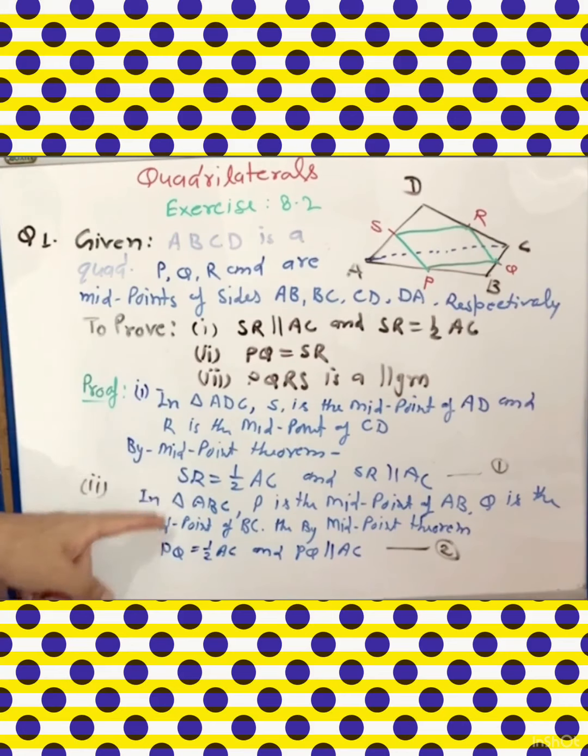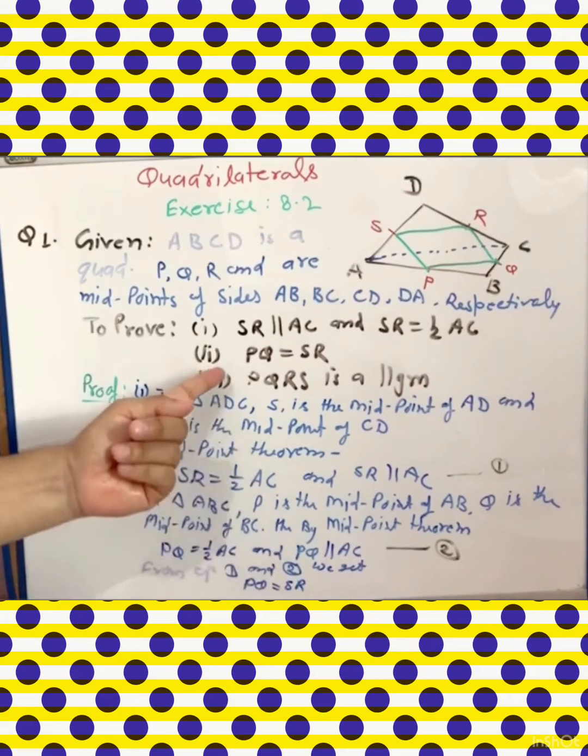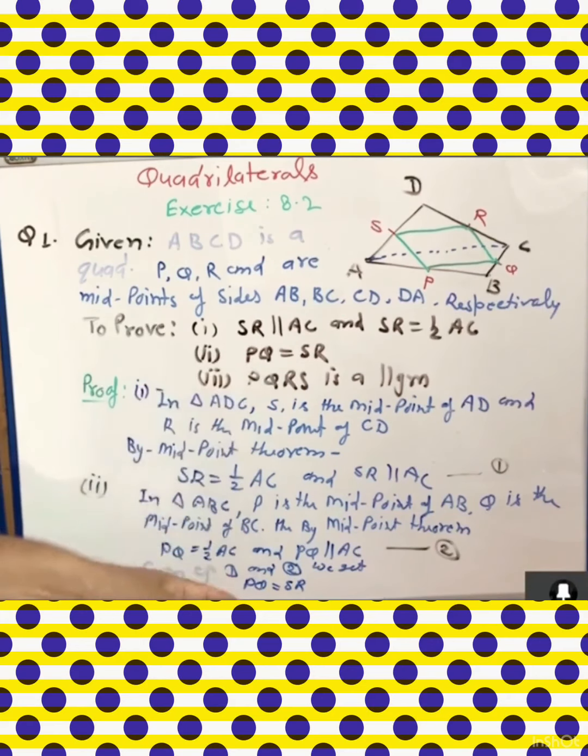So you compare these equations 1 and 2, and you will get the result PQ equal to SR. So you will write the statement here: from equations first and second, you will get PQ equal to SR. This is the requirement of the second result.